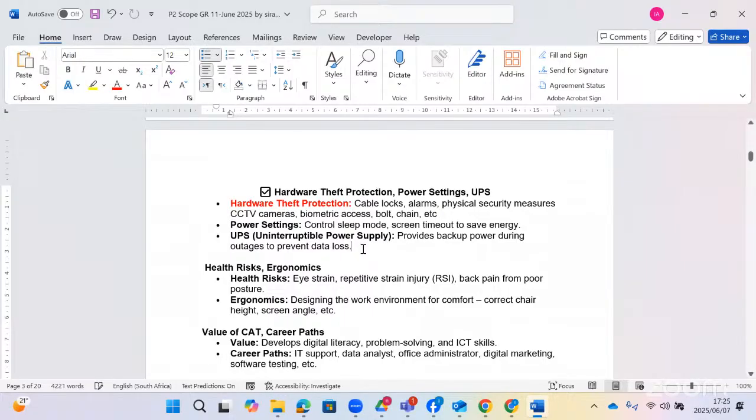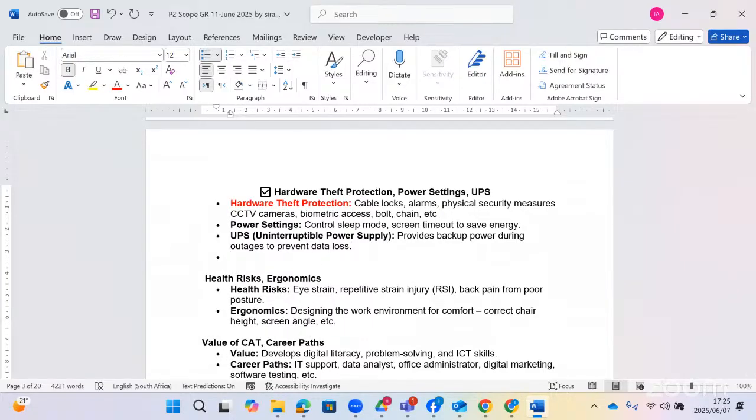And then don't forget, we also have what we call PSU, which is power supply unit. So they are different, UPS and PSU. This one gives the normal power or the continuous power to the computers.